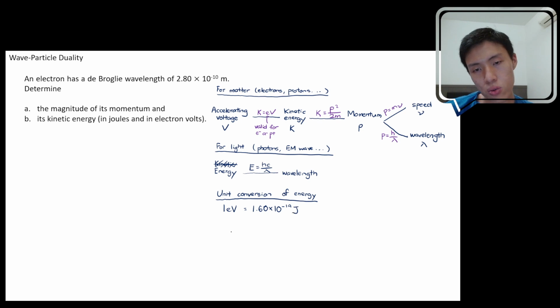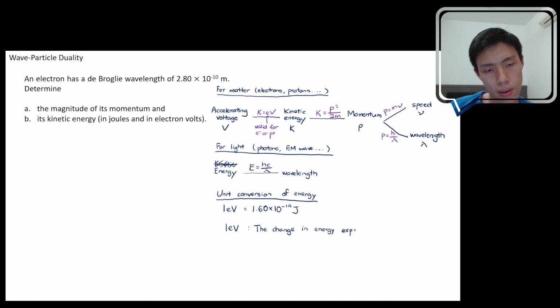Okay, so this 1 eV here, you can think of it as the change in energy experienced by an elementary charge. So it's either a proton or an electron, it's up to you.